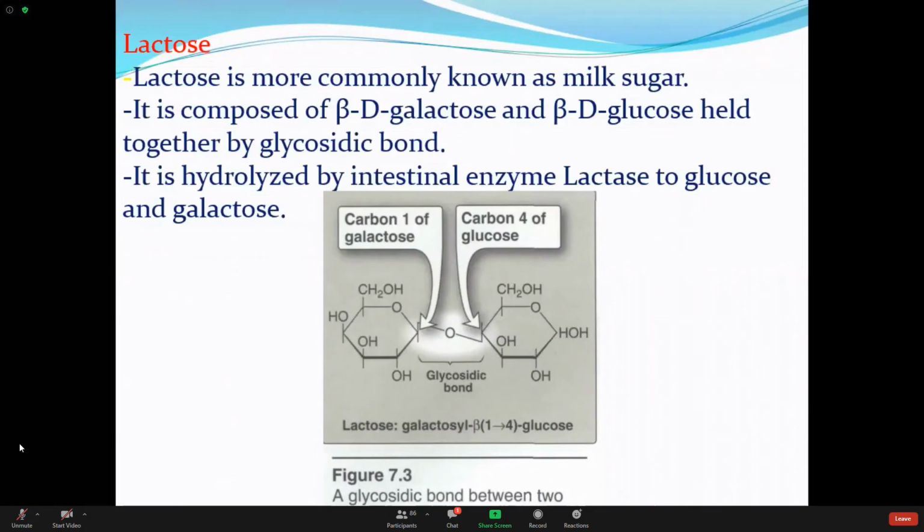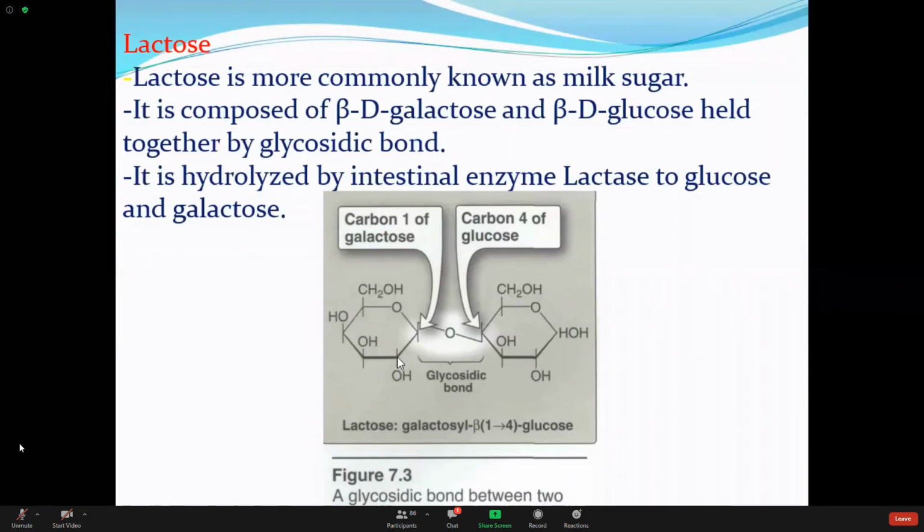If you see this particular diagram here, the galactose, you know at each and every angle there is a carbon atom. It is a ring here. So there are carbon atoms. This is the number 1 carbon atom. Just follow my pointer.